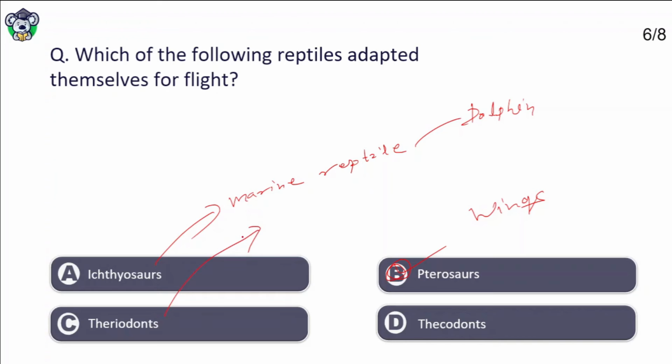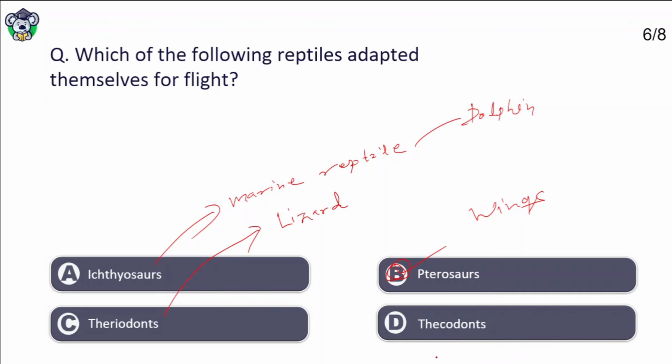Theriodons are big-sized lizards. You might have seen a garden lizard. It's a big body size. Okay, those are called theriodons, lizard type. Those have four legs, and they walk on four legs. Okay, those are called theriodons.